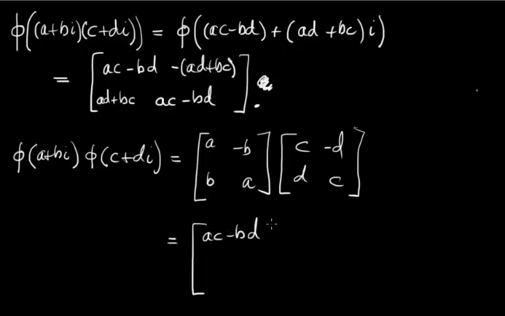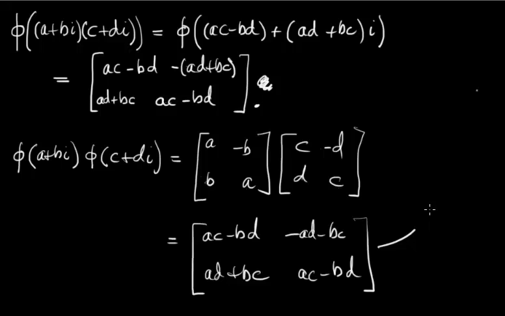And for this entry, we have minus ad minus bc. That's the same. And then down in the second row, we have bc plus ad, or ad plus bc. And the last entry is minus bd plus ac, ac minus bd. So these are exactly the same. And we can say, therefore, phi is a homomorphism.